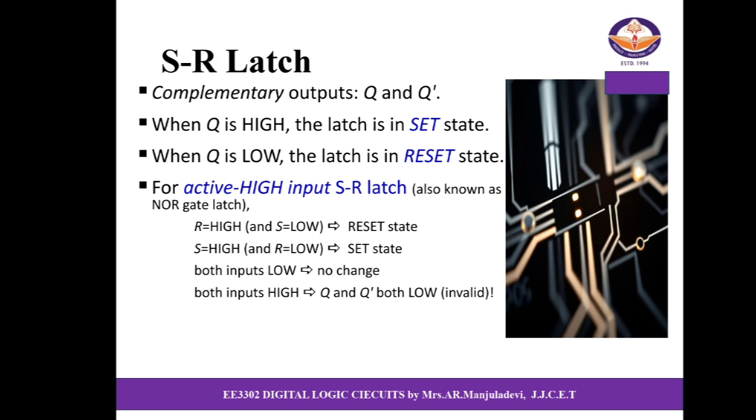When R is high and S is low, it is said to be reset state. When S is high and R is low, it is said to be set state. When both inputs are low, there is no change. When both inputs are high, both outputs are low. It is said to be invalid.